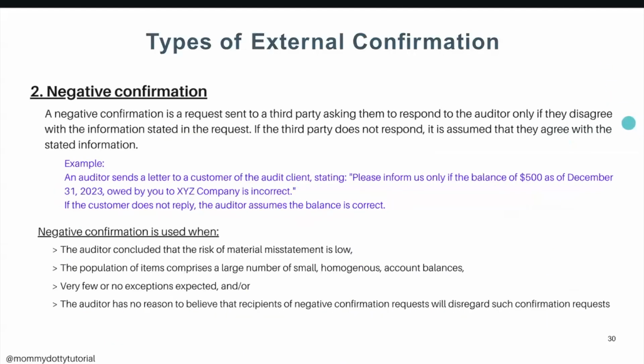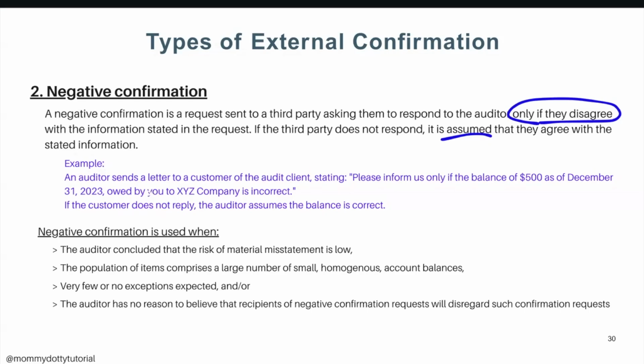While for the negative confirmation, a negative confirmation is a request sent to a third party asking them to respond to the auditor only if they disagree with the information stated in the request. So if the third party does not respond, it is assumed that they agree with the stated information.